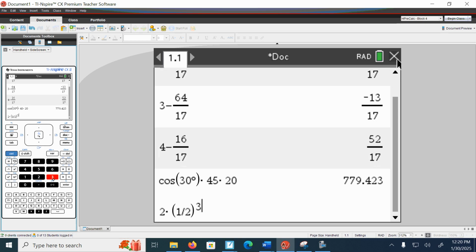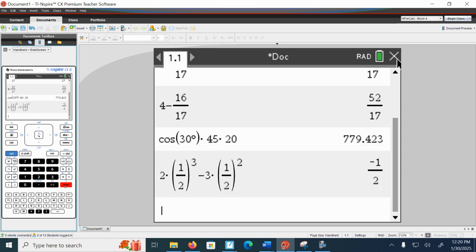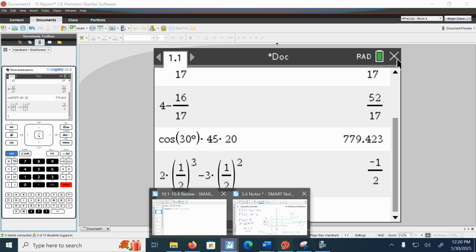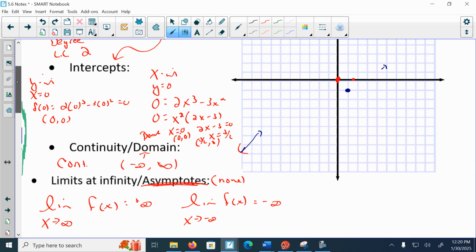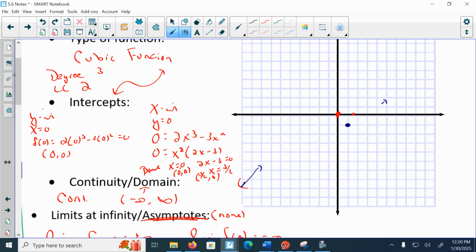So I'm going to plot the point 1 half, so my inflection point is going to be 1 half, negative 1 half, and I'm going to go ahead and sketch that.